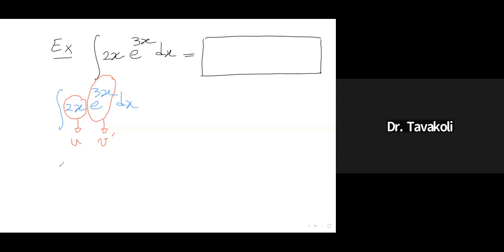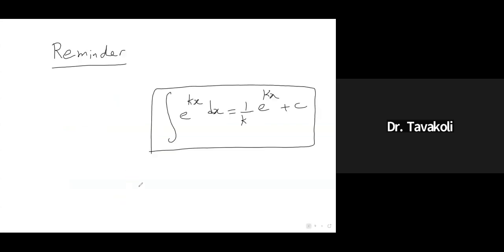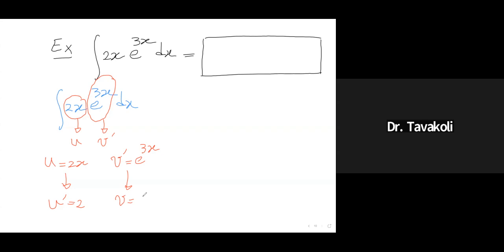So u is 2x. If u is 2x, what is u prime? The derivative of 2x is just 2. And let's have v prime be e to the power of 3x. What is v? Using that reminder that we had here, the antiderivative of e to the power of 3x is 1/3 e to the power of 3x.